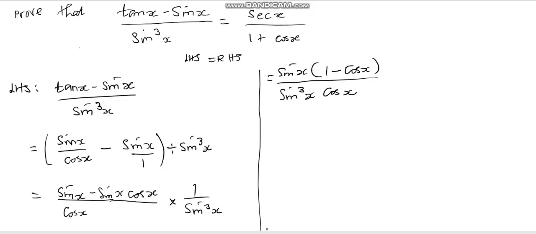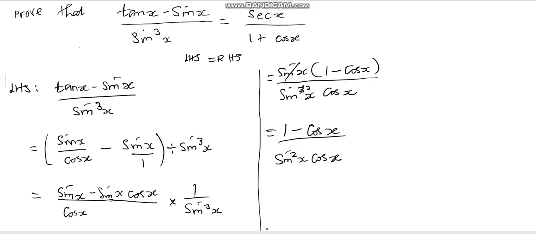Then if we divide a single sin x into one of these, we remain with sin squared, and this one will go. So here we have simply 1 minus cos x divided by sin squared x cos x.